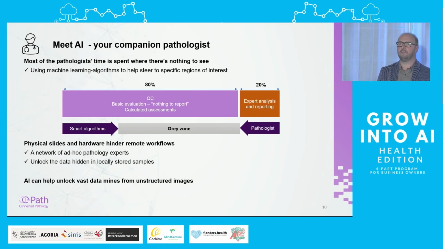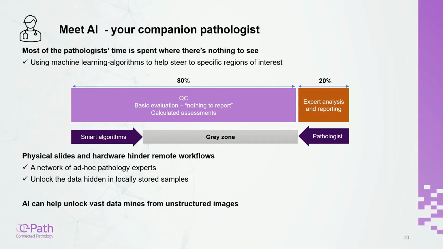Now, today, they do that, and on top of that, they do the real expert work, where their real in-depth knowledge is needed. What we would like to do by using AI is to move the algorithms into this area of this 80%. In the middle, there's still a big gray zone, where today we don't really have the tools. The algorithms do the basic stuff today.